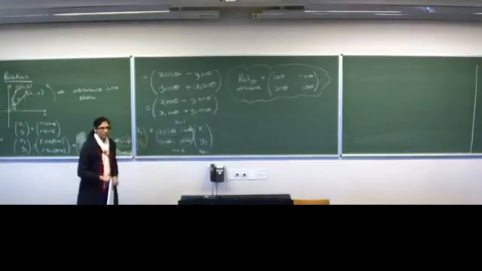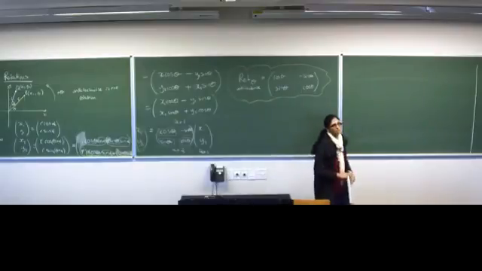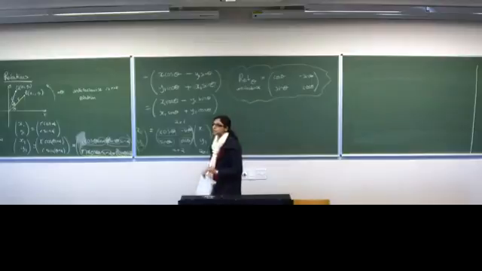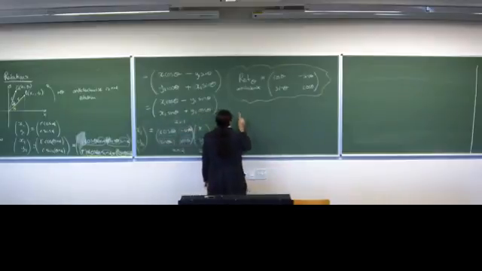Okay, so now we know the matrix that represents the anti-clockwise rotation. Our clockwise rotation then will be represented by minus theta.